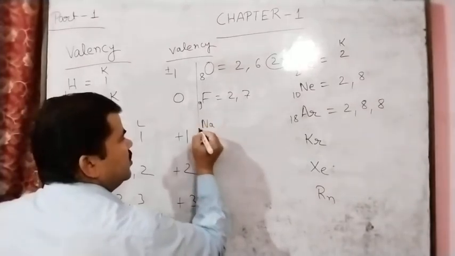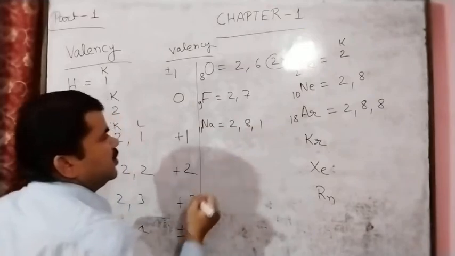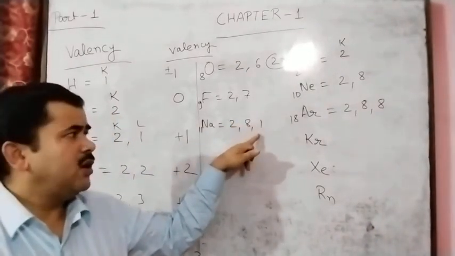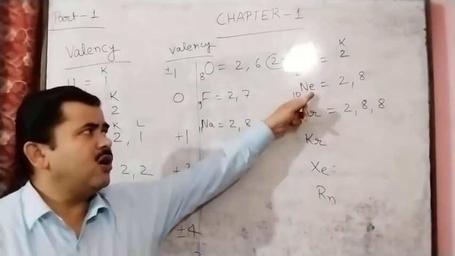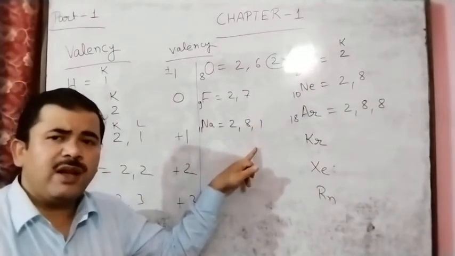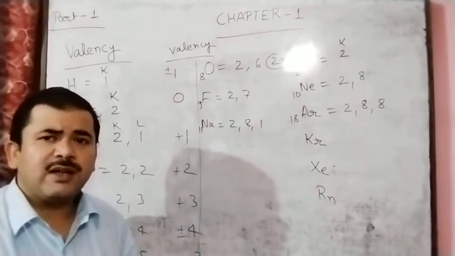Then sodium atomic number 11, so here 2, 8, 1. So this is nearest to neon, and for acquiring the neon electronic configuration, this will lose 1 electron. In the same manner, magnesium loses 2 electrons, aluminium loses 3 electrons.